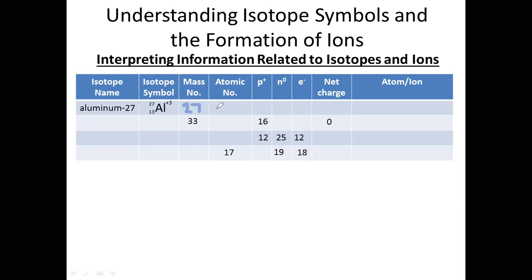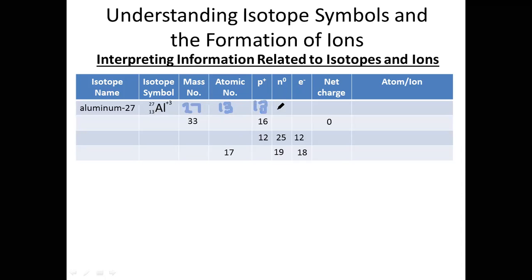Mass number is total number of protons plus neutrons. We also know whenever it's aluminum, its atomic number has to be 13, because if we look on the periodic table and look up the atomic number for aluminum, we would find that to be 13. Recall what atomic number means. It means the number of protons.